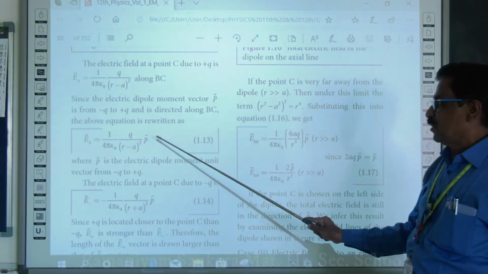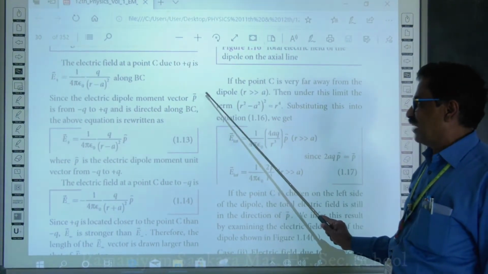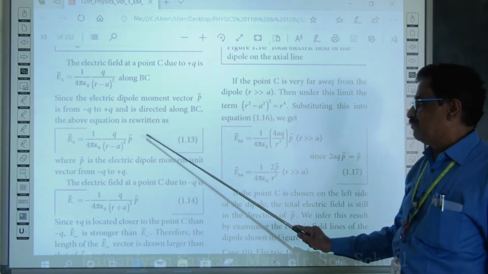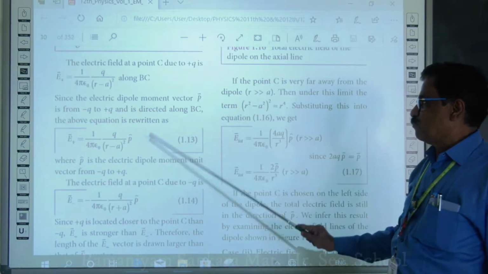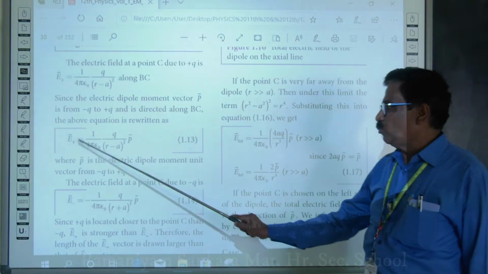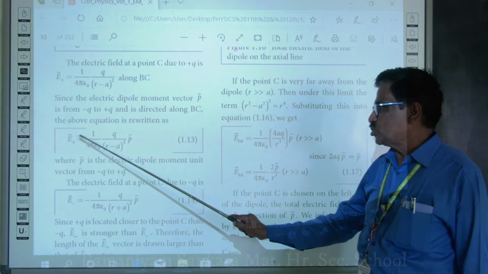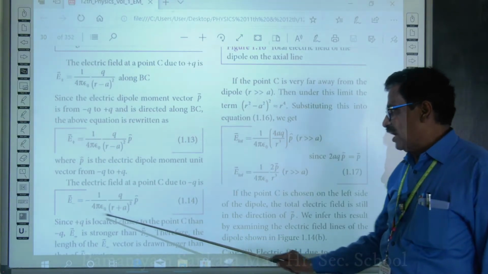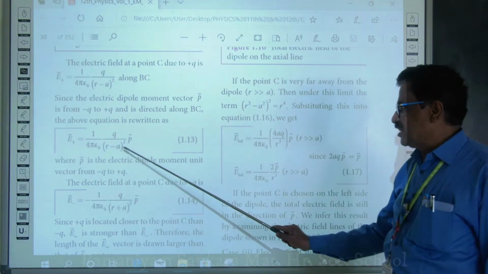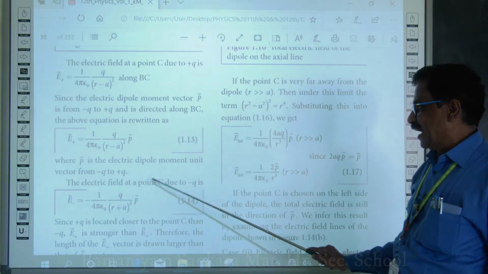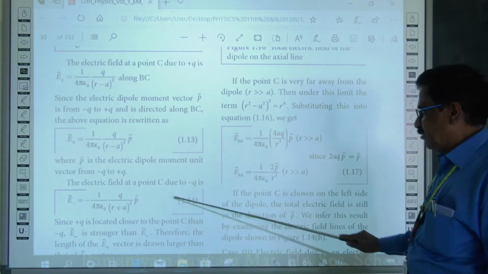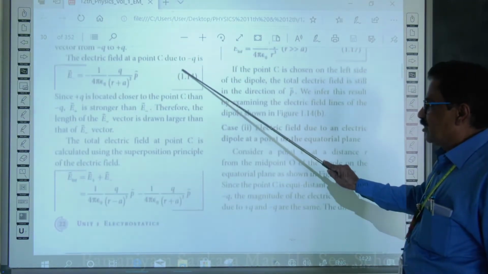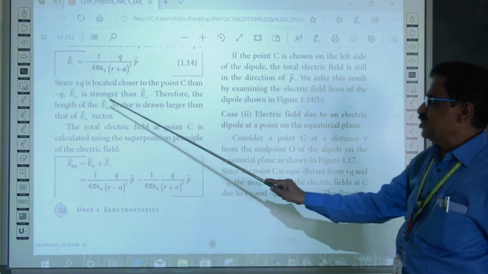So P cap, remember this is P vector, the whole vector. Here it is the unit vector of the electric dipole moment. Be careful, you have to put E plus due to plus q charge. Similarly, for minus q, we have the electric field for r plus a whole squared, P cap. Okay, and then we have the next part.